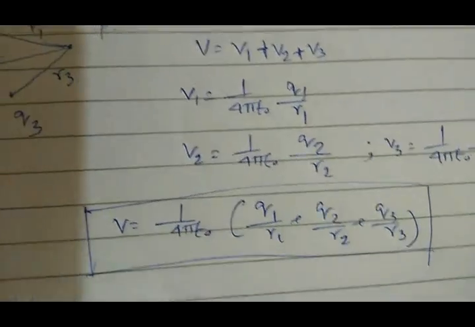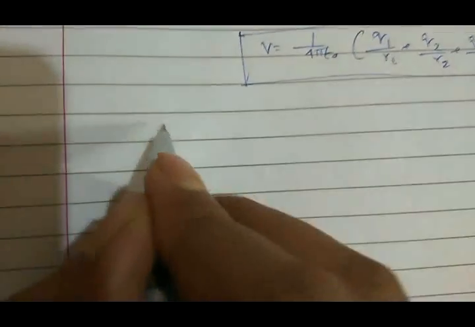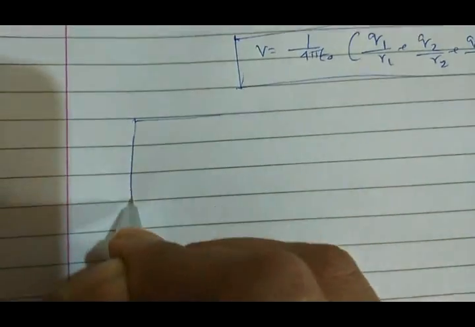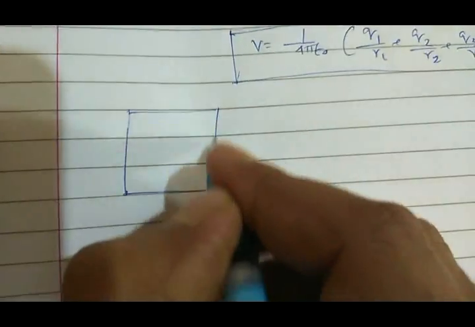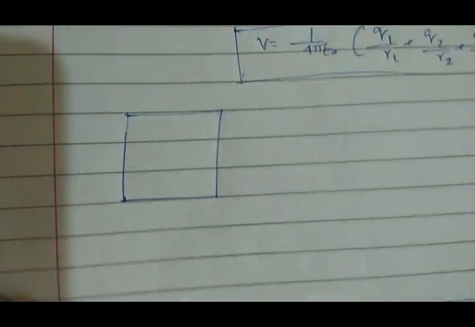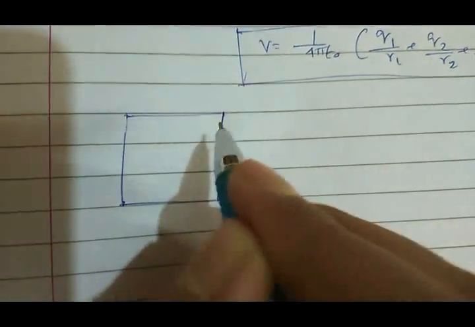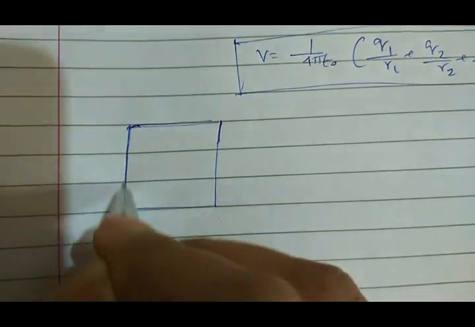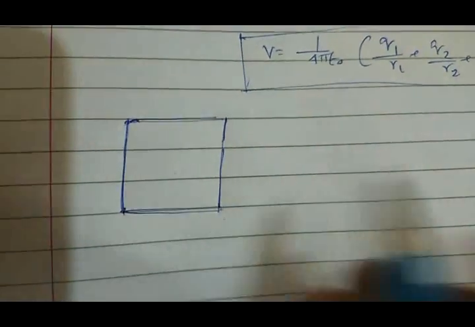Now in general, they give you a system. For example, consider a square. My drawing is not that good, but just consider for the moment that this is a square of side A, and there are charges.